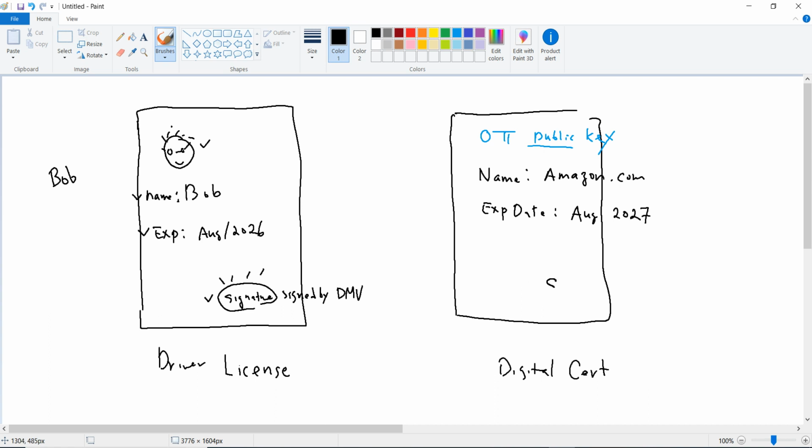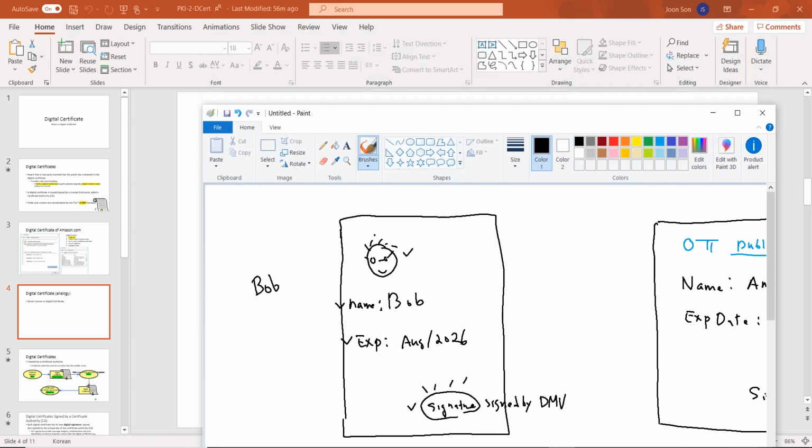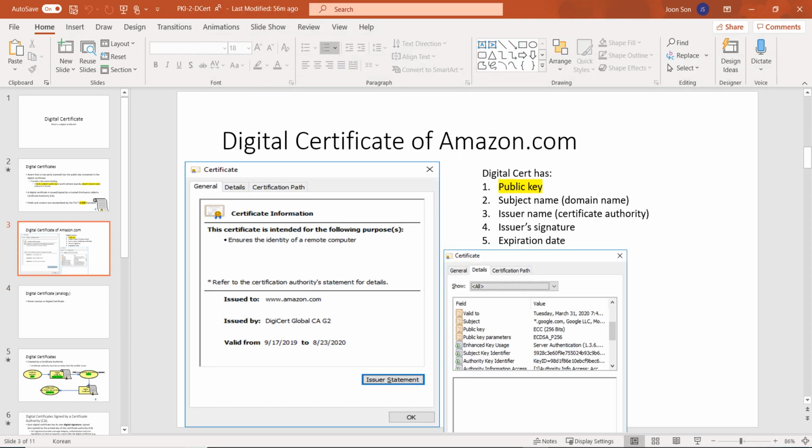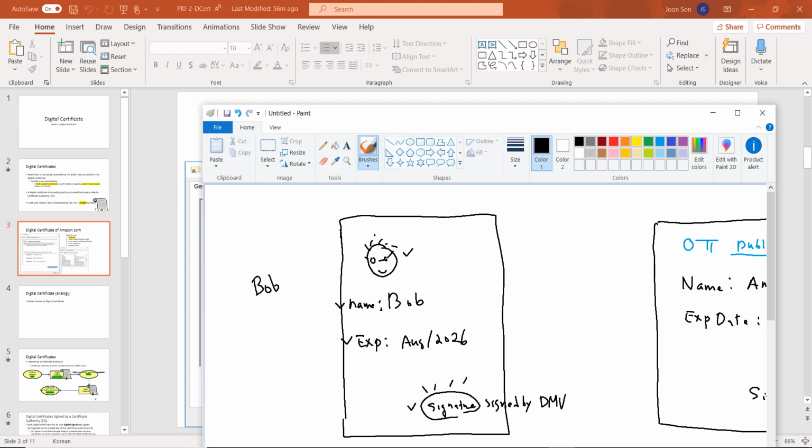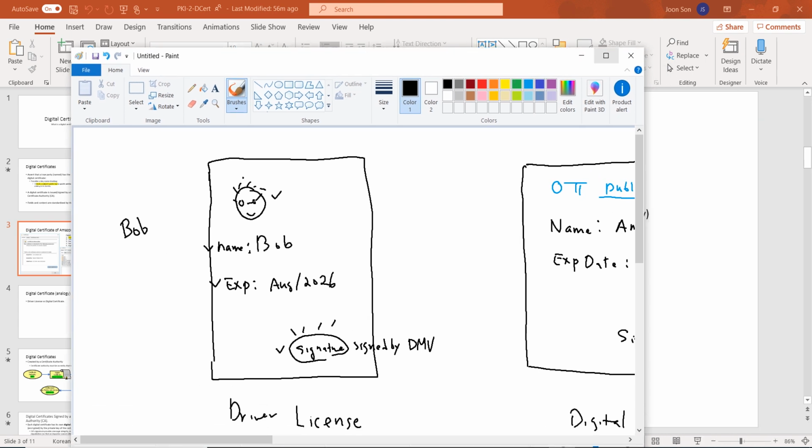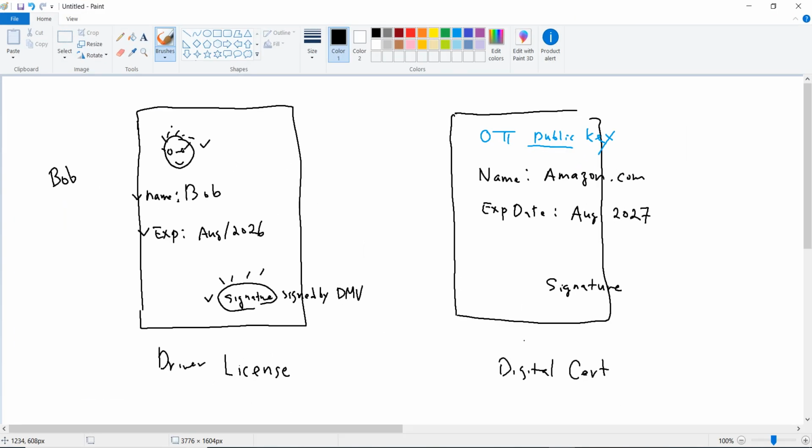There's a signature by, in the previous example, some company called DigiCert, DigiCert Global. So the signature is signed by whom?